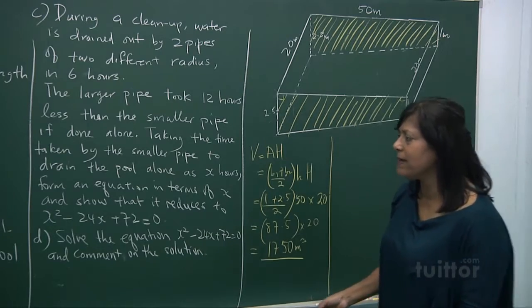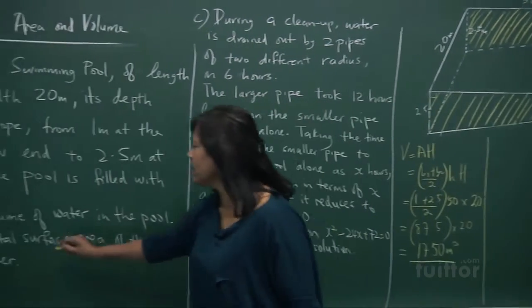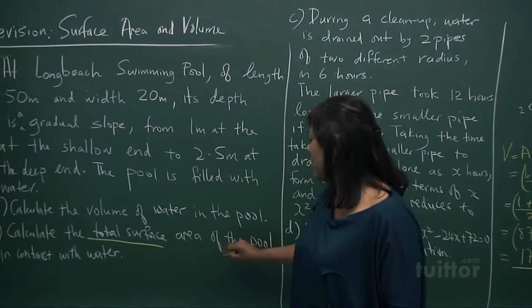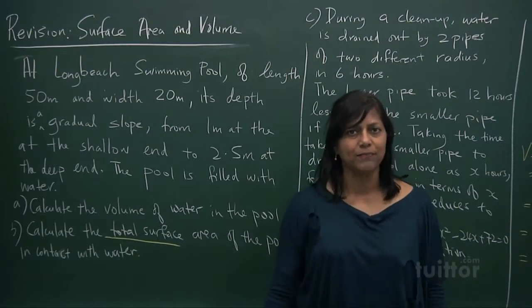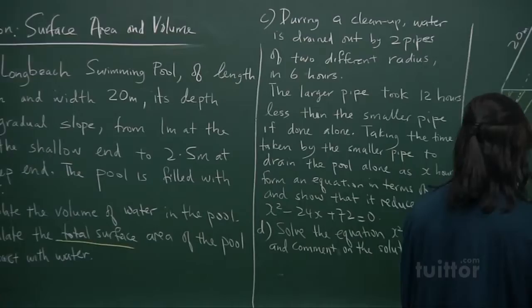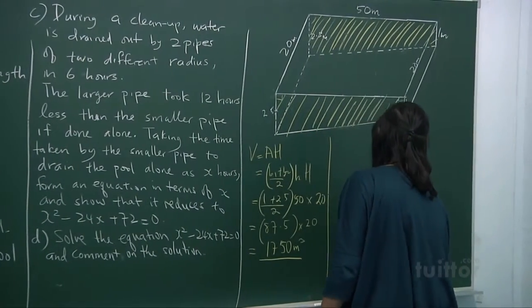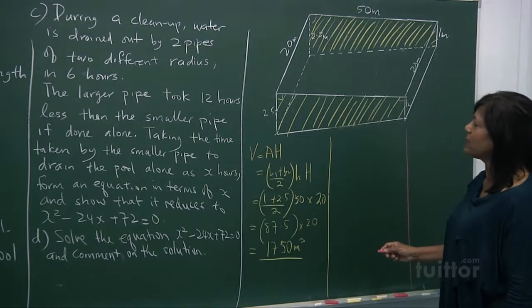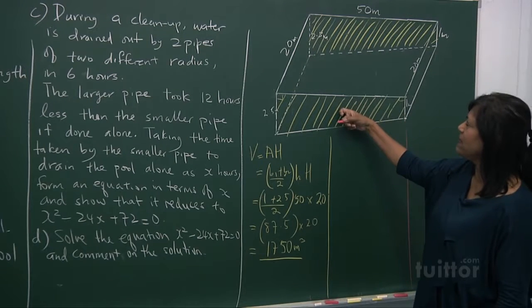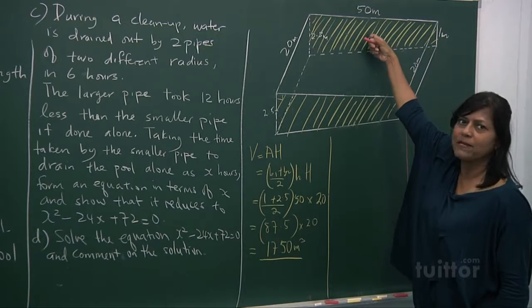Now the next part is they want to find the total surface area in contact with water. Now the total surface area will be made up of all the sides that are in contact with the water. Now it will be this trapezium plus this trapezium.